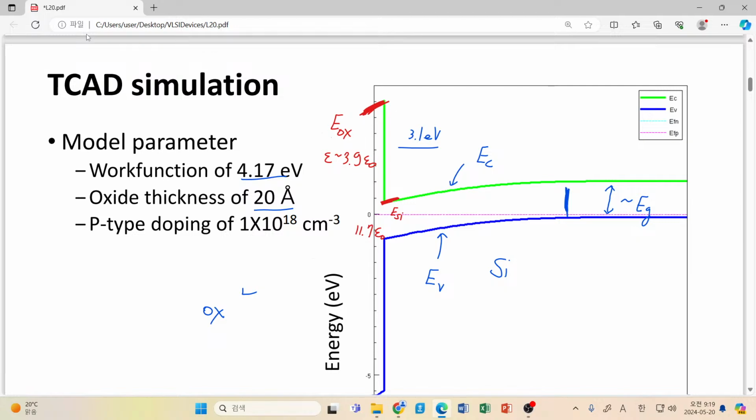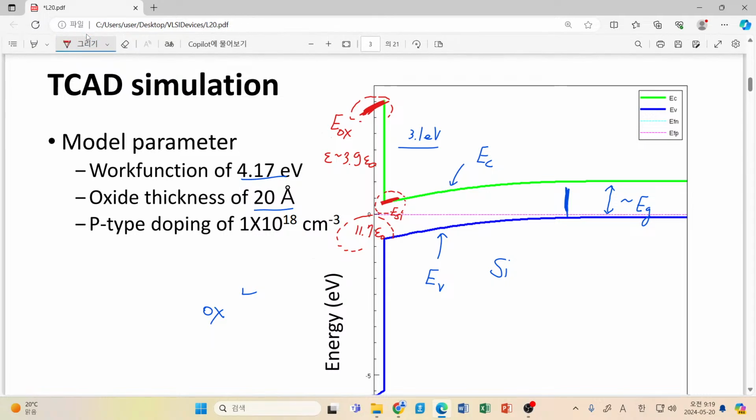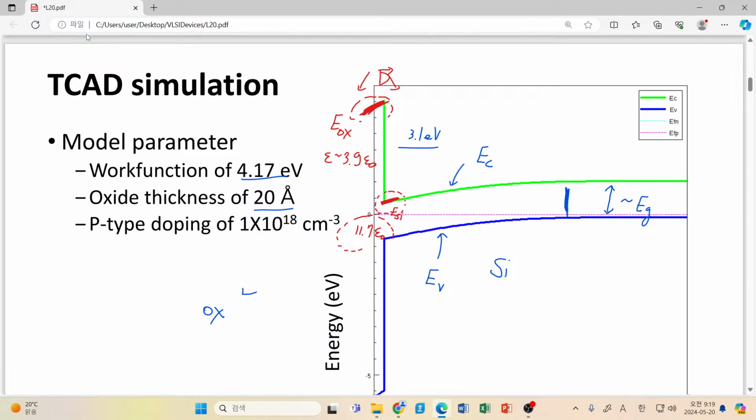So now this relatively small electric field is compensated by this 3 times higher permittivity. So we have to impose the continuity of our displacement vector. Okay. So now you understand many things.